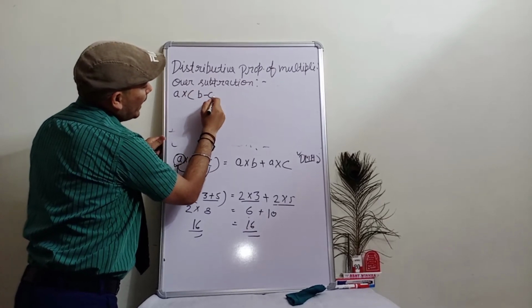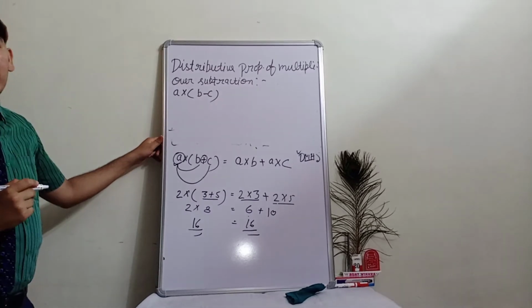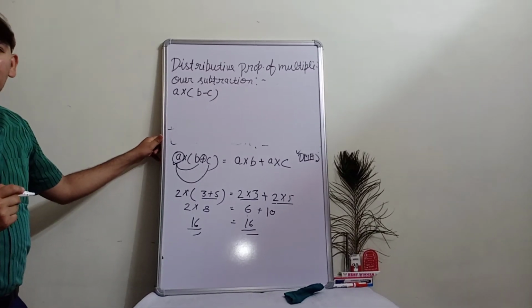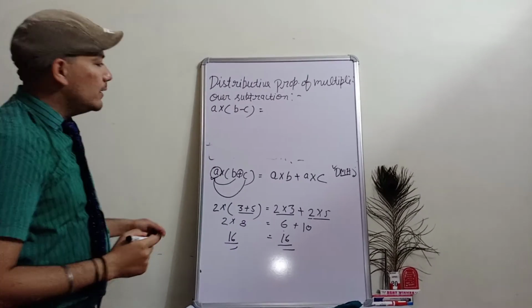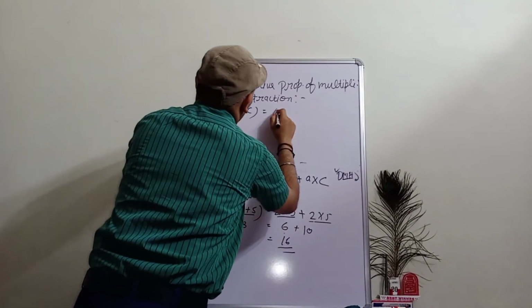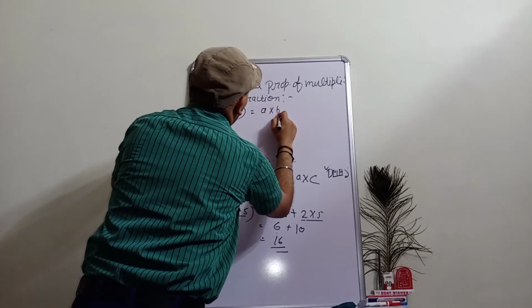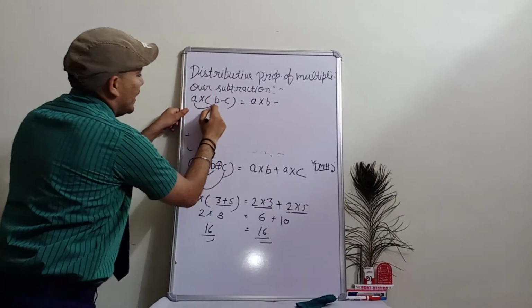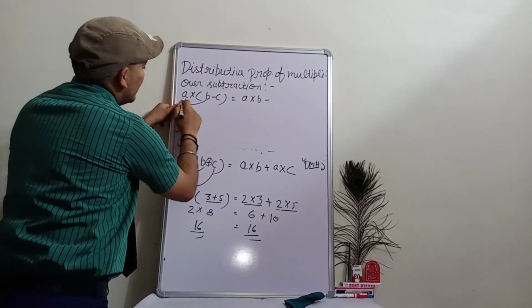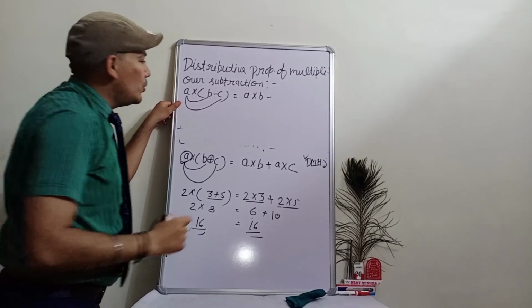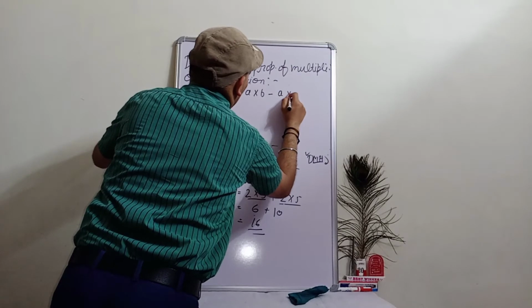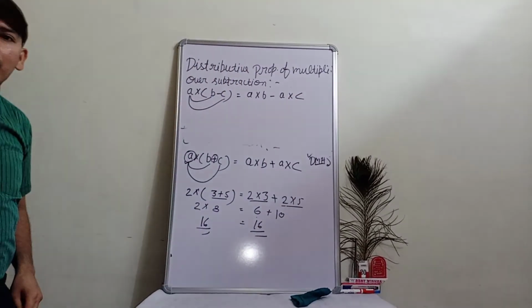Now see. A into B plus C, instead of that, B minus C. So now see, what will we do then? A into B minus C is equal to A into B minus A into C. Clear?